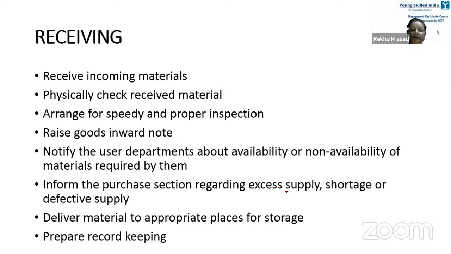And the material should be, because see, every material will not be placed at the same place. There are certain places for each type of material. Maybe some material is liquid, some material is powder and some material is metal. So all these things have to be kept at different places. Some exact places should be identified for keeping these materials. Proper identification should be there.